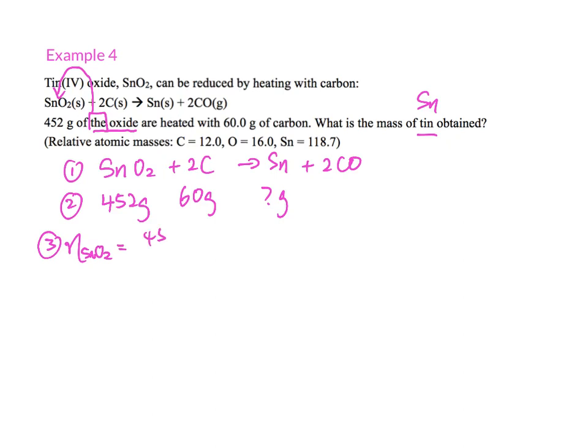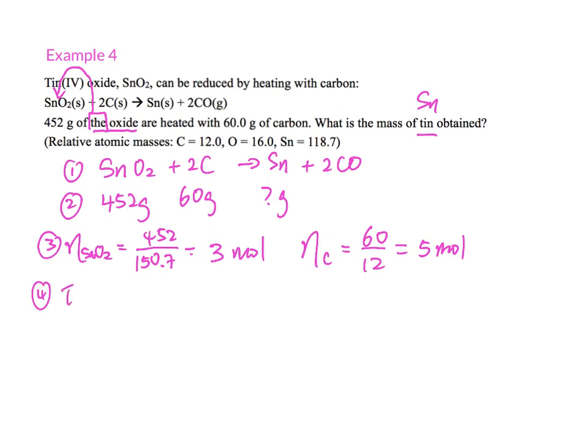So this one is 452 divided by the molar mass, you do the math, and this will equal 3 mole. While the other one, the number of moles of C, we have 60 over 12, so this one will be 5 mole.